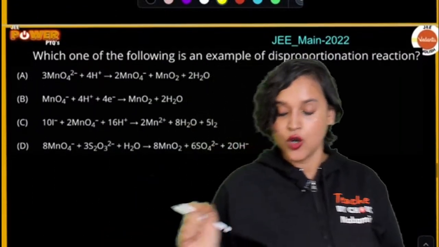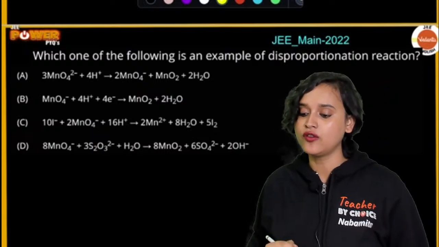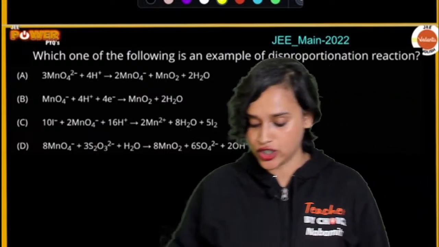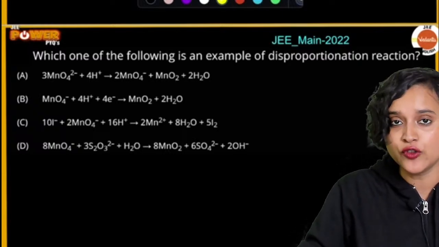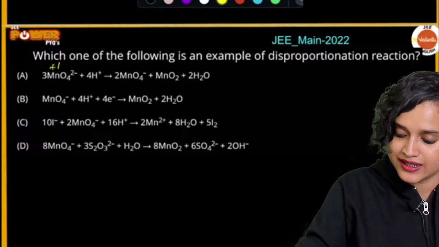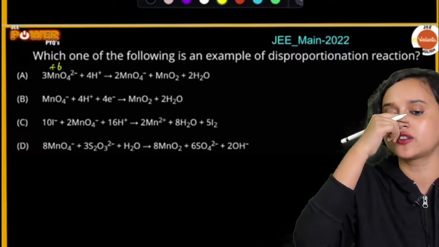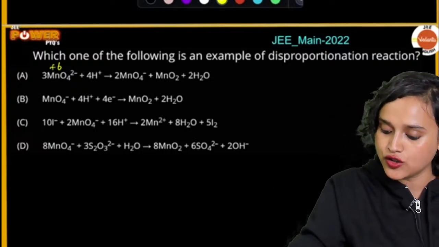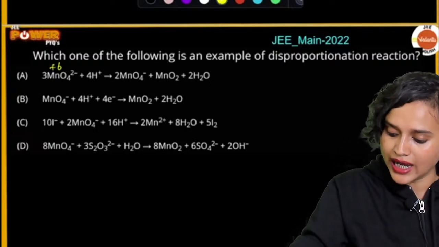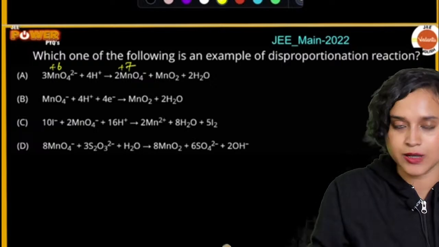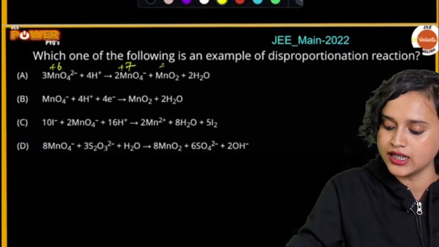Next question. Which one of the following is an example of disproportionation reaction? This is going to be very simple. MnO4 2 minus has plus 6 oxidation state, going to MnO4 minus, which is plus 7, and MnO2, which is plus 4.